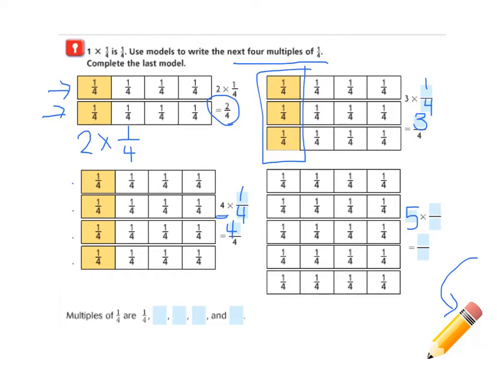If I have 5, there's 1, 2, 3, 4, 5. That means I have 5 1/4, or 5/4. So the multiples of 1/4 are 1/4, 2/4, 3/4, 4/4, and 5/4.